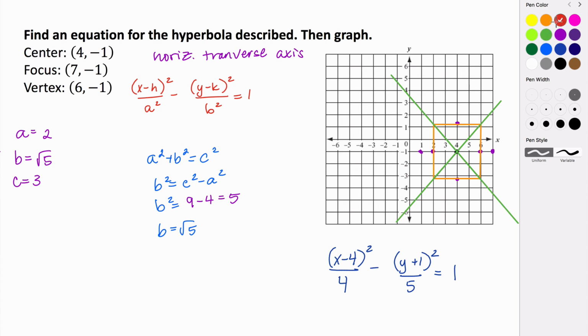And it's a horizontal hyperbola, so it's going to start at the vertex and it's going to open toward the asymptotes and get closer to the asymptotes as we open further. So something like this. So that would be a rough sketch of our hyperbola.